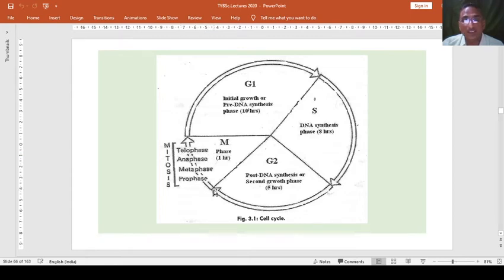Whatever DNA has been synthesized and grown here, it all comes into a single line in prophase. We can say they prepare their couples, their chromosome pairings. Then they come on the equator line in metaphase.